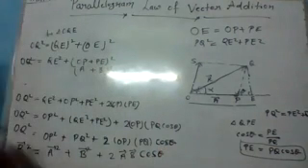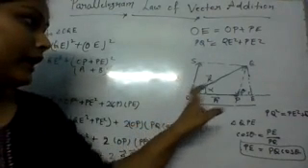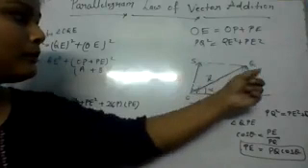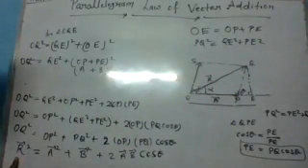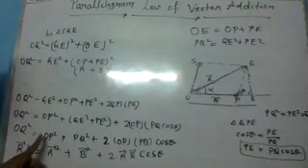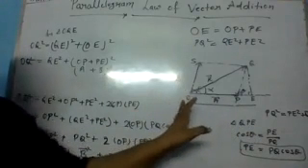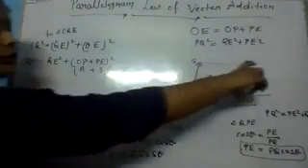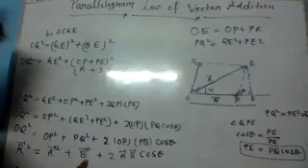Now see, OQ square represents our resultant, right? OQ represents our resultant, so I can put here R. In the place of OQ I can put R, in the place of OP I can put A, in the place of PQ I can put B vector because PQ is similar to OS.